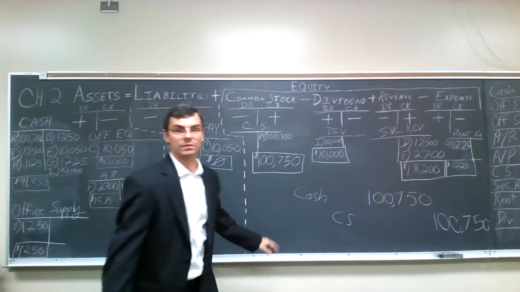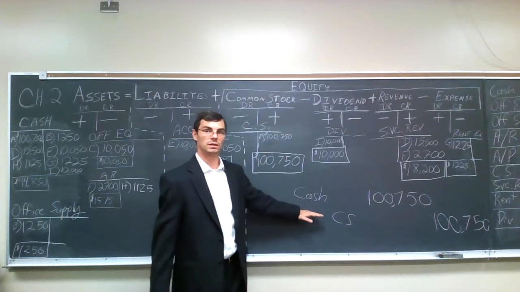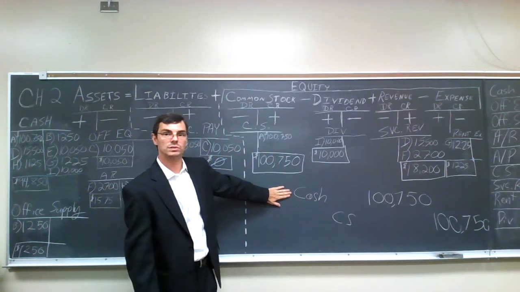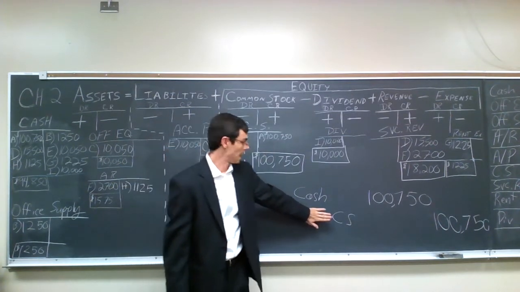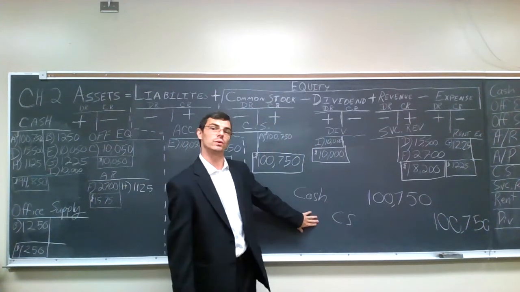So if everyone can see that, I know it's a little bit messy, but this is the way a journal entry looks. The debit will always go on top, and then below it, and indented to the side, the credit. And that's how you would make a journal entry.